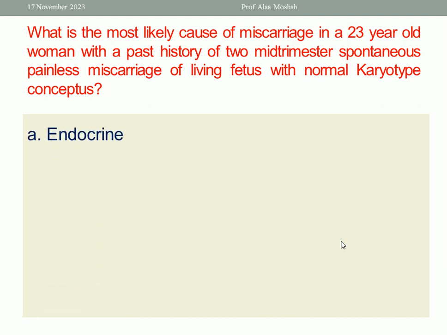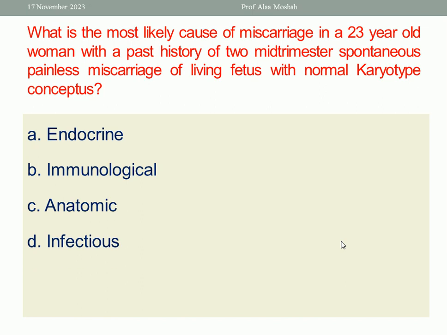A. Endocrine cause. B. Immunological cause. C. Anatomic cause. D. Infectious cause. E. Chromosomal cause. Please choose the one best response. And of course, try to answer before me.